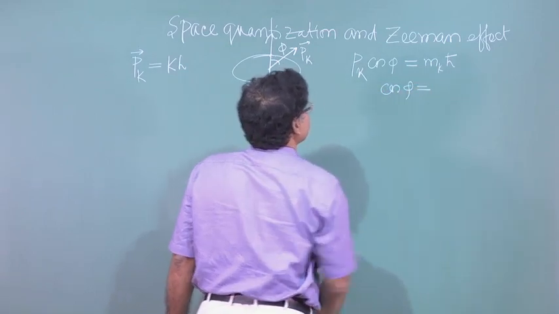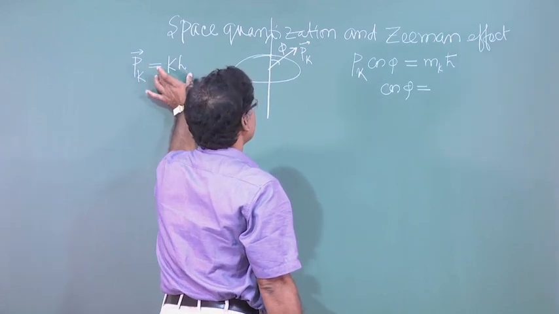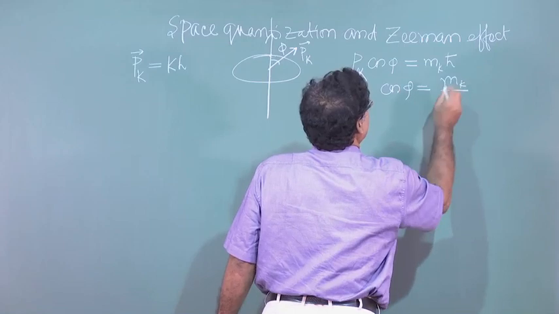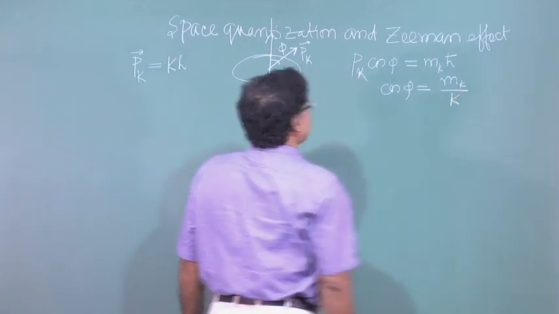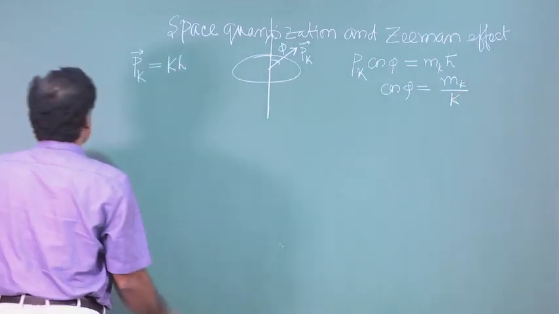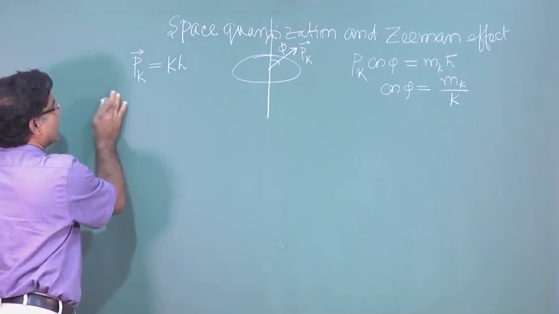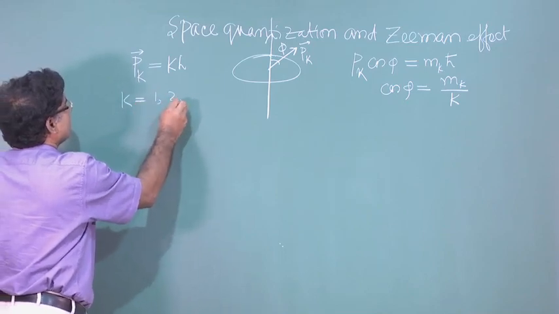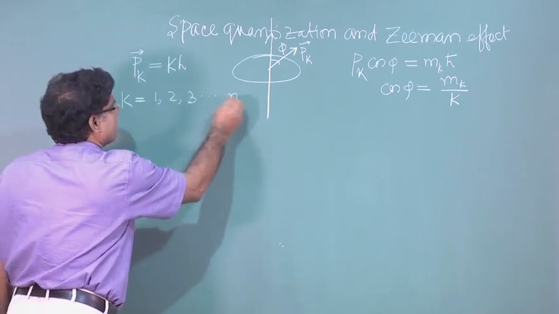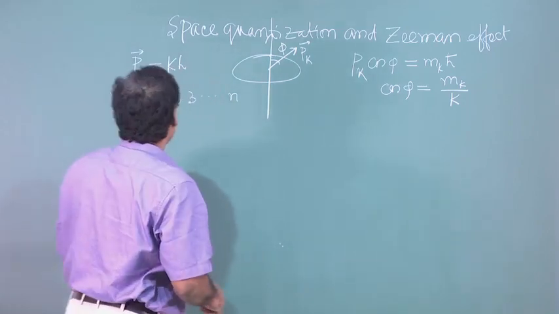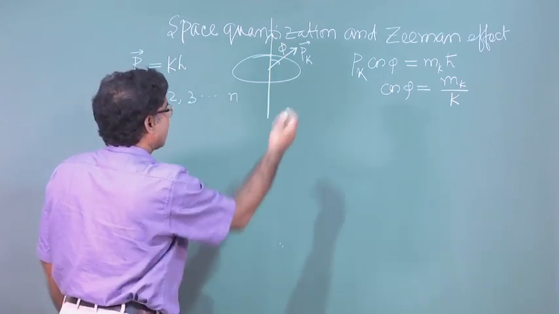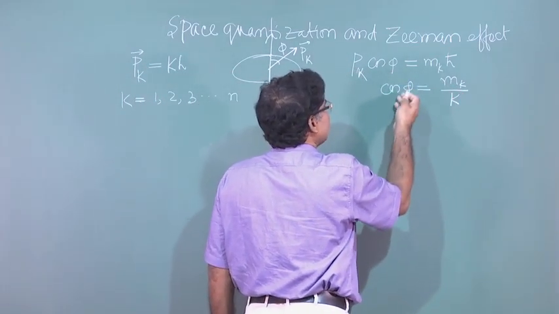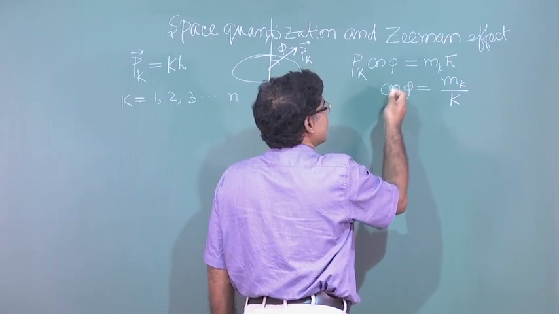So, we have seen cos phi equals Mk by k. We have seen that k can take values 1, 2, 3, up to n, the principal quantum number, and for each k, Mk can take values, because cos phi can be 0, or maximum plus or minus 1.